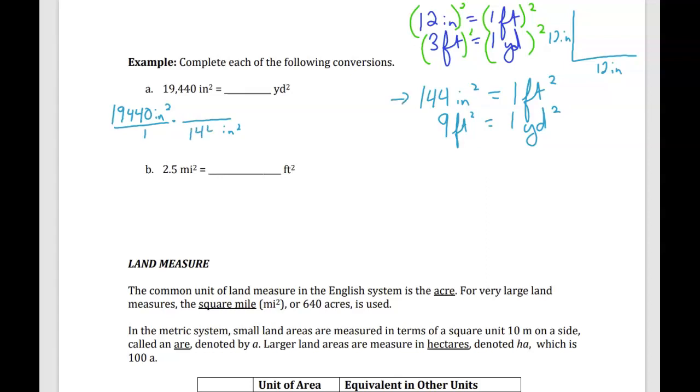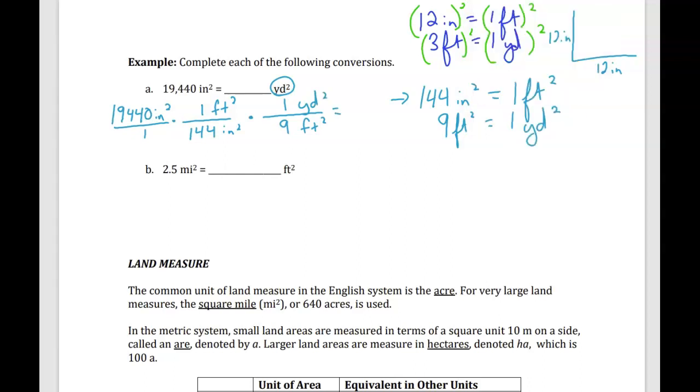So I have 144 on the denominator. And I go to 1 foot squared. Well, I don't want to go to feet squared. I want to go to yards squared. So I put feet squared on the denominator. And I've got 9 feet squared is equal to 1 yard squared.